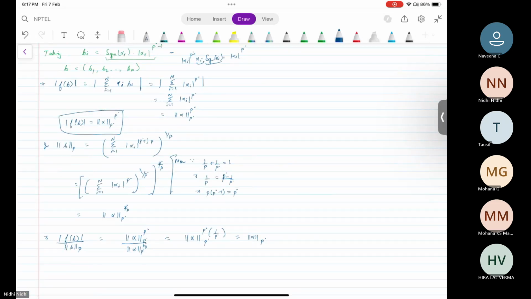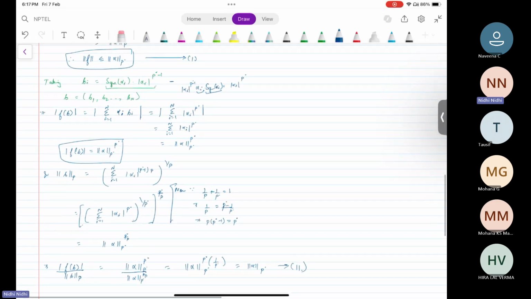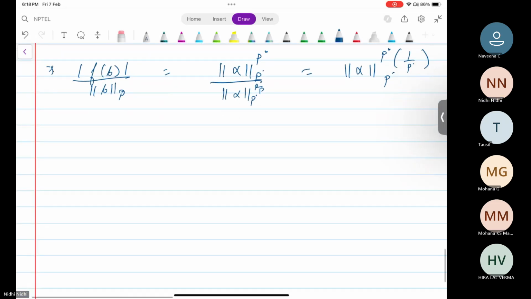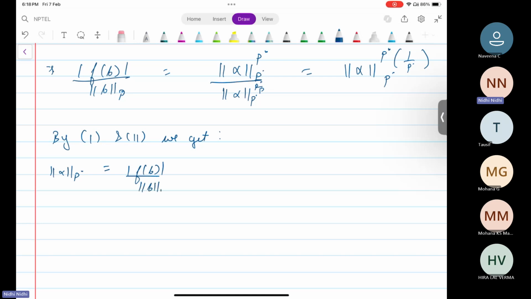So taking this as second, we had marked that as first. By first and second, we get the p star norm of alpha is equal to modulus f(b) by norm b, which is less than or equal to the supremum of mod f(x) by norm x_p, x belonging to R^n minus 0, because clearly b is a non-zero vector in R^n.